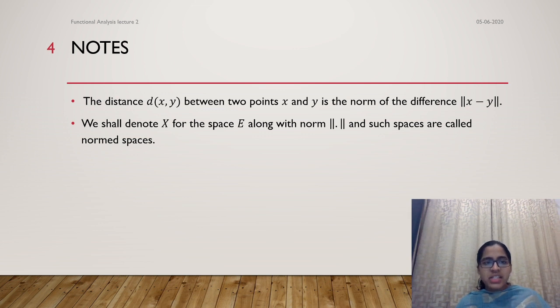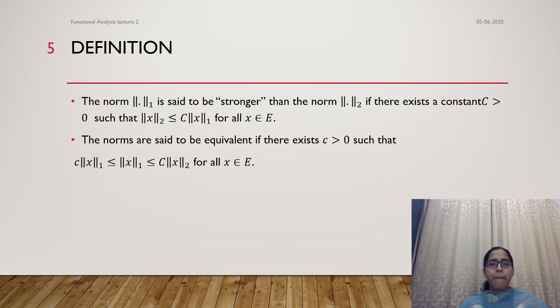We have a linear space and we have defined a function on it. The linear space along with this norm gives us a norm space. And throughout this chapter, we are going to denote the norm spaces using the capital letter X.